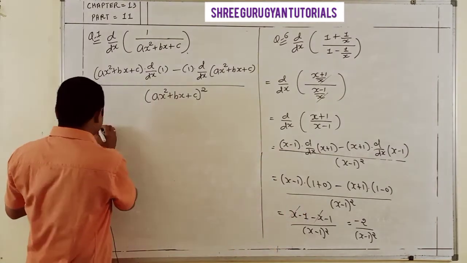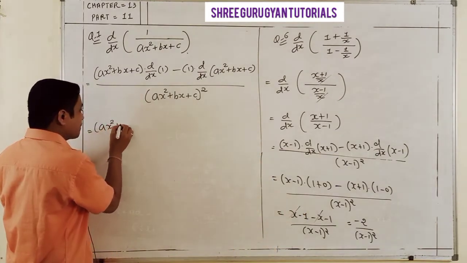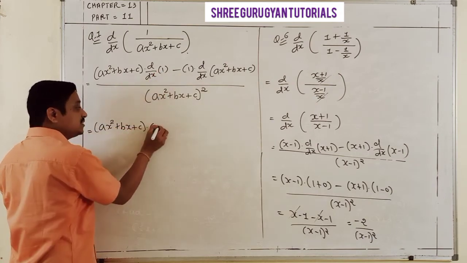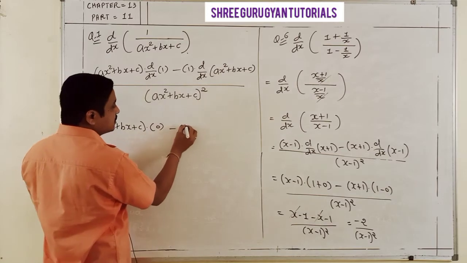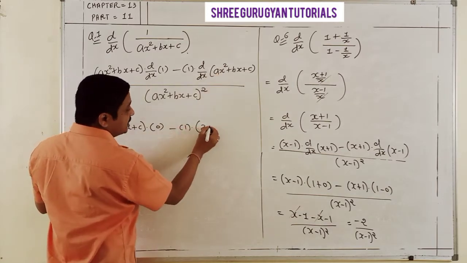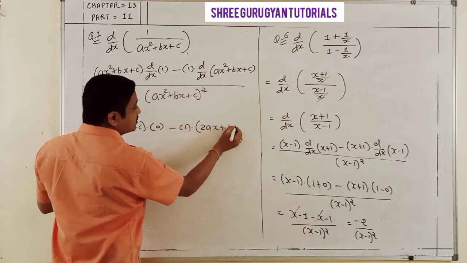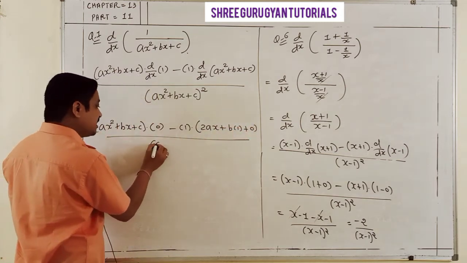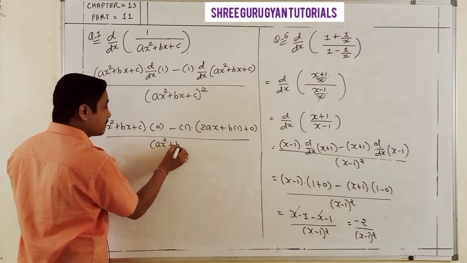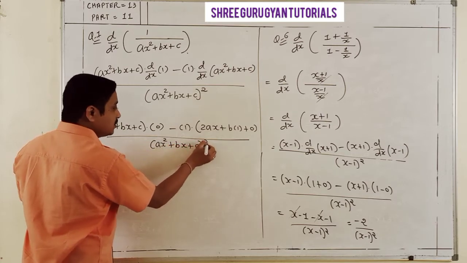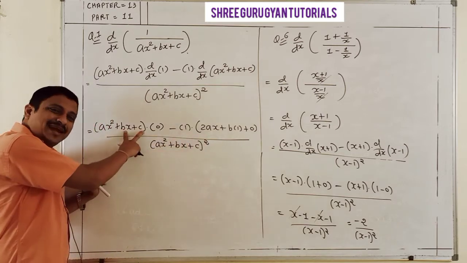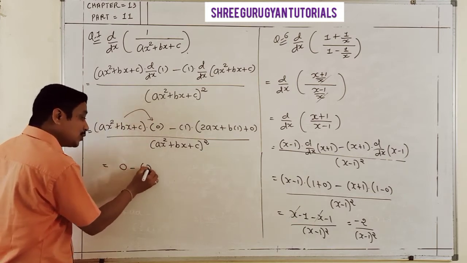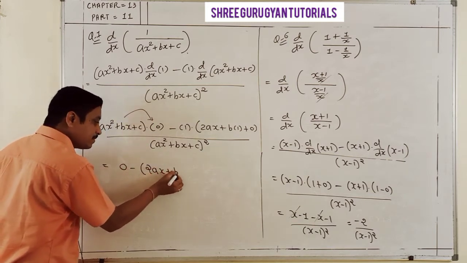So my answer is ax square plus bx plus c, but here the derivative of the constant is 0, minus the derivative, take twice ax plus b, since the derivative of bx is 1 and c becomes 0, and the same ax square plus bx plus c the whole square. That part is completely 0 because of the 0 multiplication, and here the same is twice ax plus b.